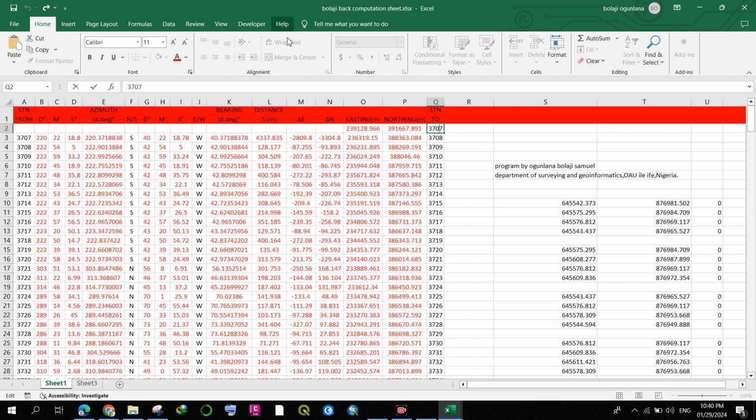Now the Eastern for the first one is, but this is automated, it's a program, so it will be calculating the distances and the bearings and everything at the same time. So my eastern here is 668100.118. That's the first one.